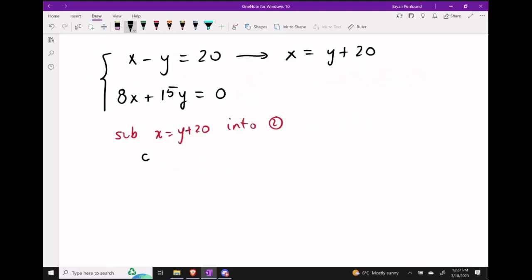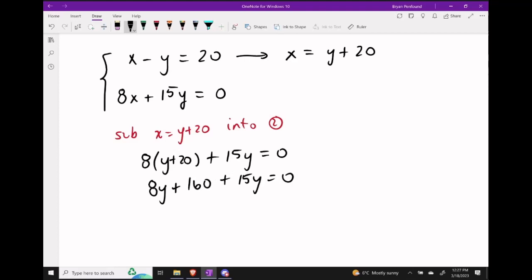And now that I know an expression for x, I can make that substitution into my second equation. So instead of 8x, let's write 8 times (y plus 20) plus 15y is equal to 0. Distributing the 8 through the brackets, we get 8y plus 160 plus 15y is equal to 0.